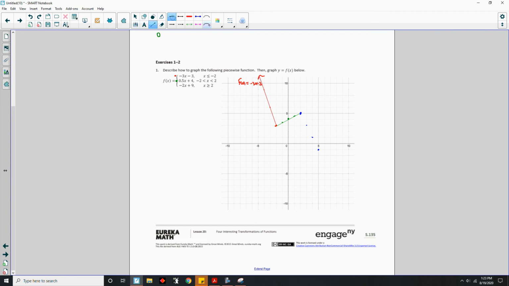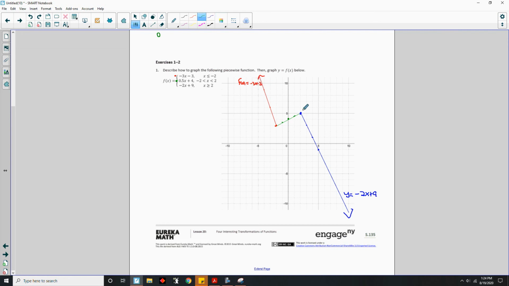So then I choose my line segment. If you're doing this on paper, please use a ruler. And this is going to go like so. And then I switch back to my pen, draw an arrow. Now you should label every piece. So now I'm going to say y equals, or f of x equals, it doesn't matter, negative 2x plus 9.